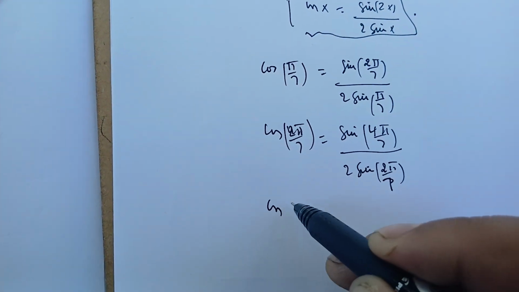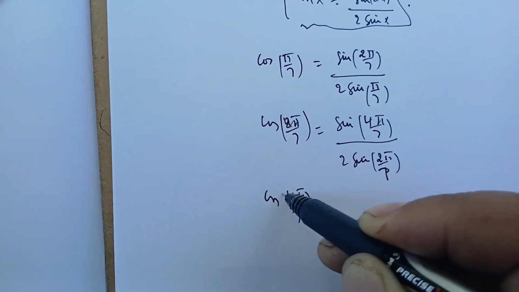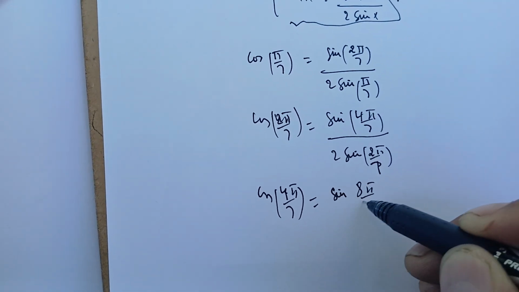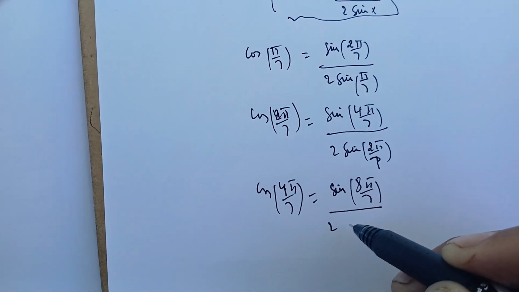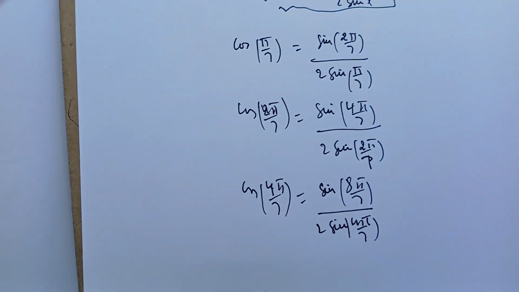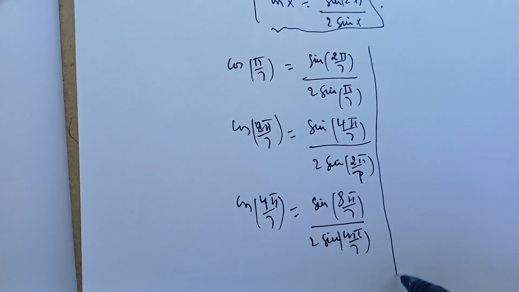And the cosine of 4 pi over 7 is just sine of 8 pi over 7 over 2 sine 4 pi over 7. Now we're going to do the multiplication.